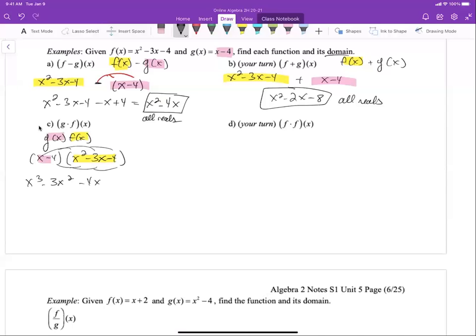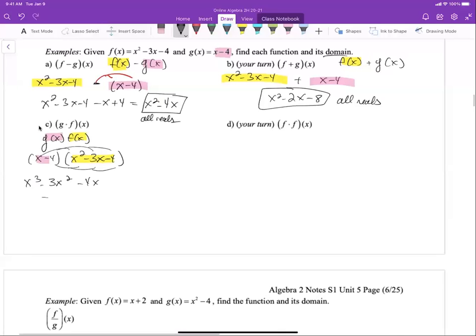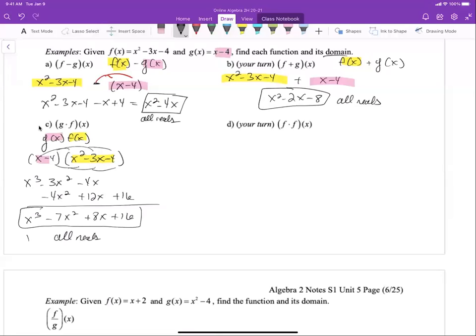Then I will multiply through by the −4, and I will get −4x² + 12x + 16. Then I will combine my like terms, and I will get x³ − 7x² + 8x + 16, and this is my answer. And all reals is my domain, because there are no restrictions on what my x values can be.